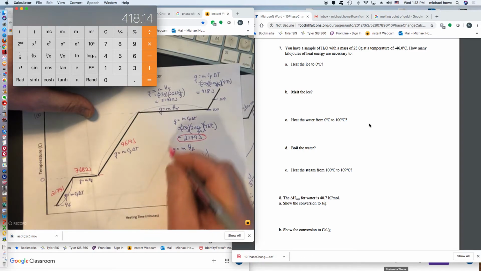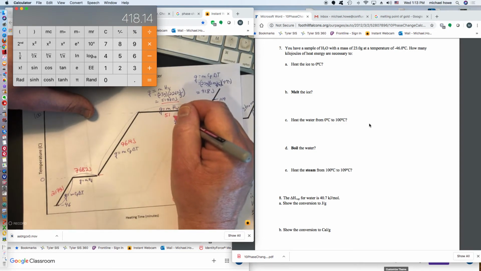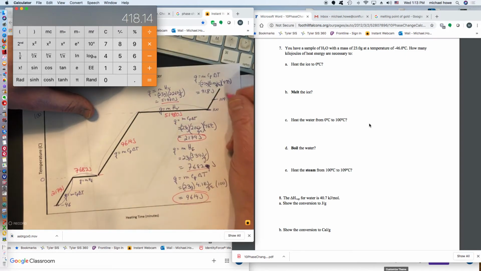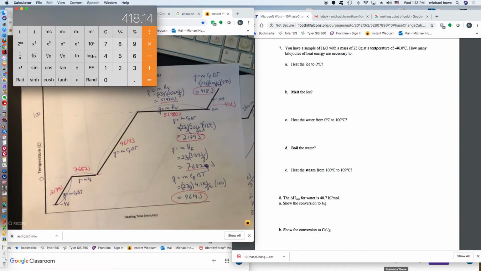Then to boil the water, we needed 51,980 joules. Then to raise the temperature on up to 109, it only took 418 joules. So if I wanted to know the total energy change that it takes to make 23 grams go from negative 46 all the way up to 109, all we would need to do is add the numbers together.